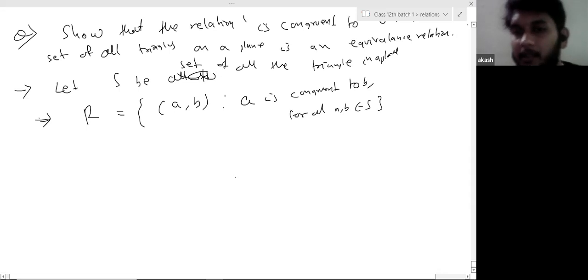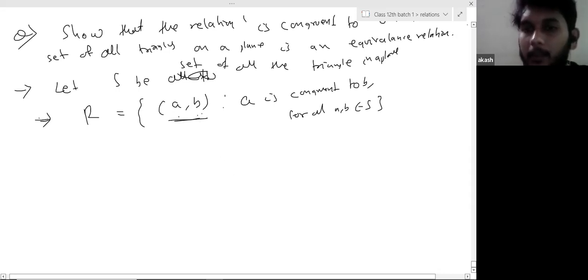Now, is it a little bit easier? They are saying any ordered pair A comma B where A is congruent to B, where A and B are both triangles, right? If they are congruent to each other, then this ordered pair will belong to R. You have to prove that this relation is an equivalence relation.